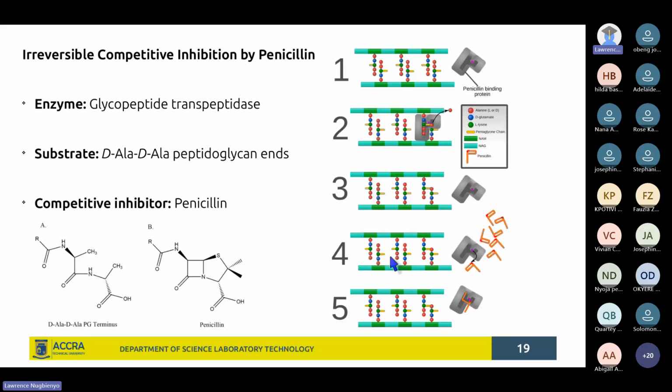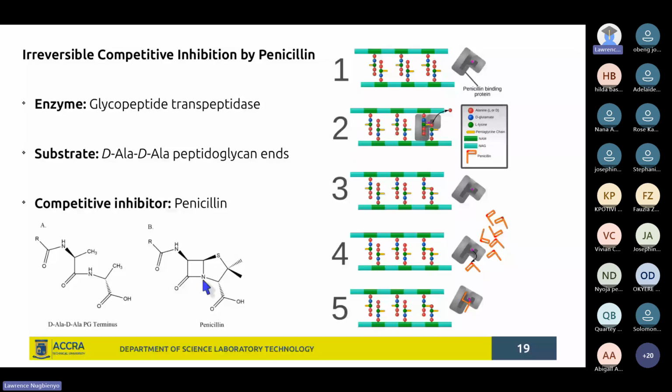And now if you look at the structures of the peptide ends, the alanine ends that fit into the active site, and you look at the structure of penicillin, you see that there is resemblance. They look alike, except that for penicillin you see that there is a closed ring.